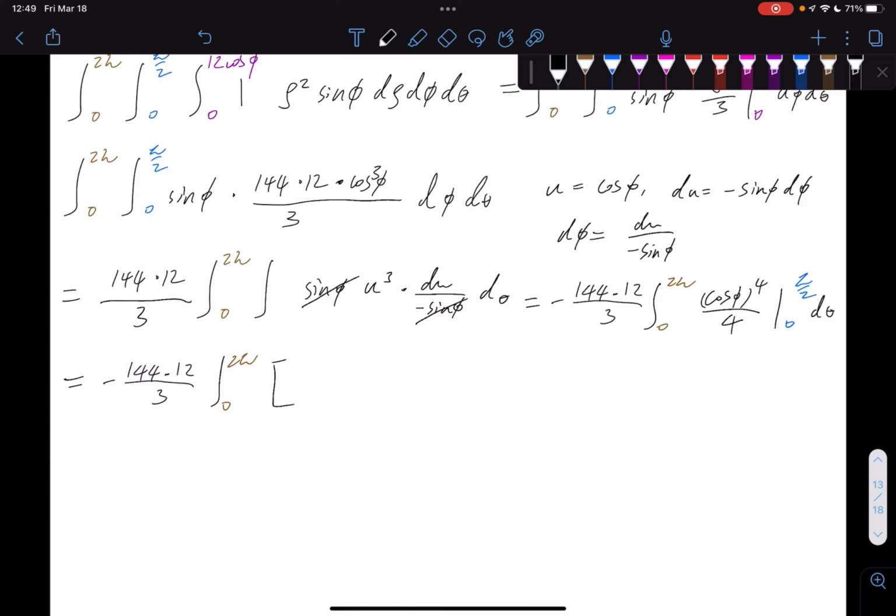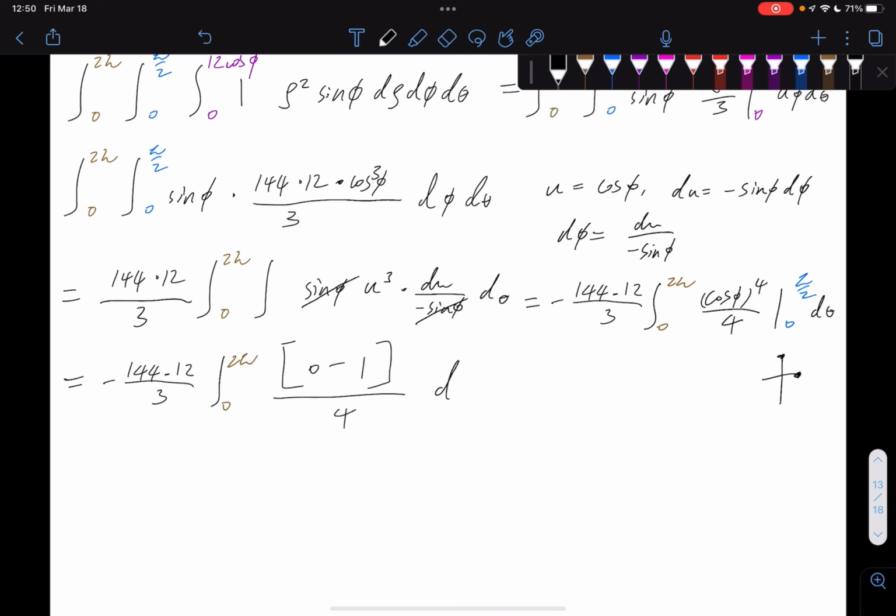so cosine pi over 2, that's just 1, right? 1 to the 4th power is just 1, minus 0, cosine of pi over 2 is 0, and then minus 1, because cosine of 0 is 1, and then divided by 4.